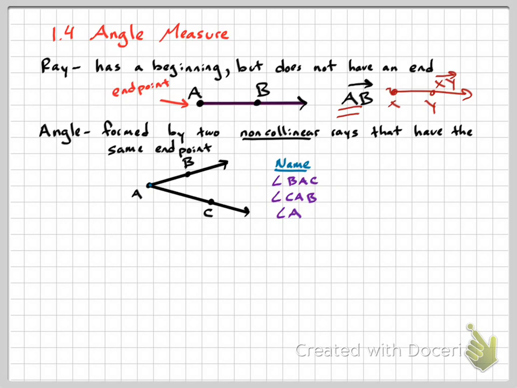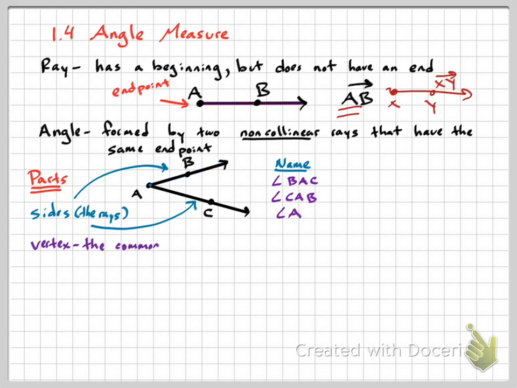And so the parts of the angle are the sides, which are the rays. So these are the sides of the angle, the rays that make up the angle. And there's also called the vertex. The vertex is the common point of the rays. So that common endpoint. All right, and so whenever we name an angle, you can either name it using 3 points, or you can name it using the common endpoint or the vertex.